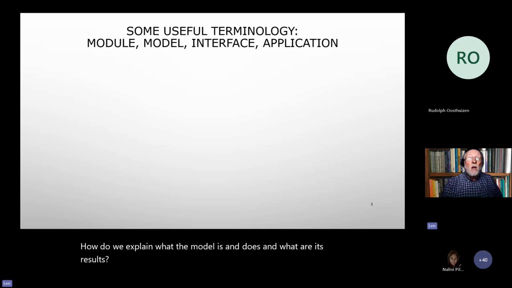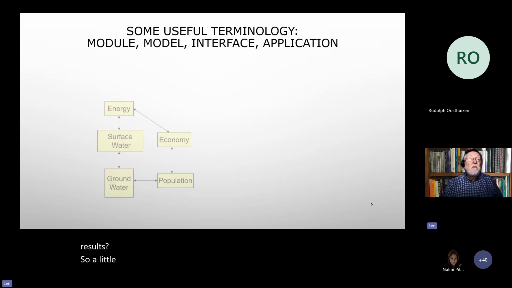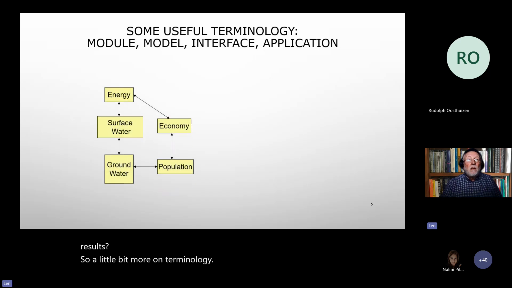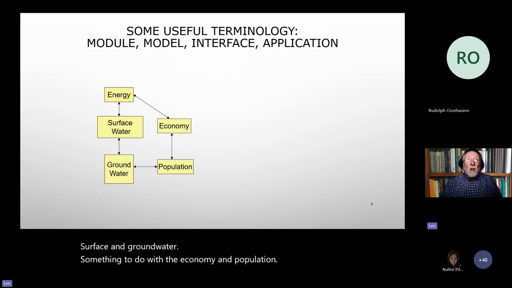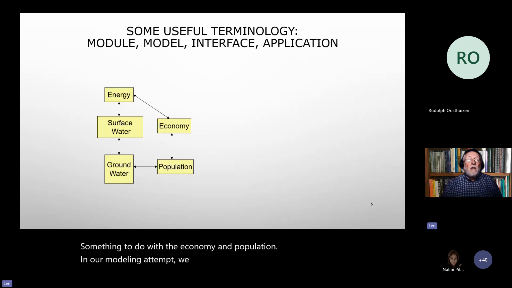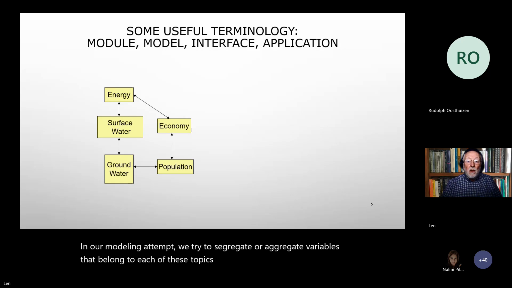So a little bit more on terminology. Let's imagine you're doing a project in this problem domain, and it seems to involve energy, surface and groundwater, something to do with the economy and population. In our modeling attempt, we try to segregate or aggregate variables that belong to each of these topics in a separate module.